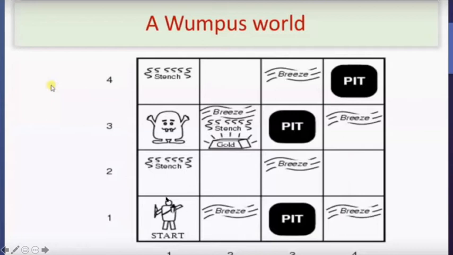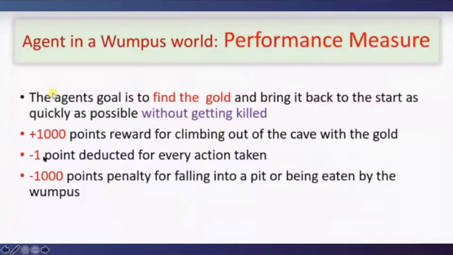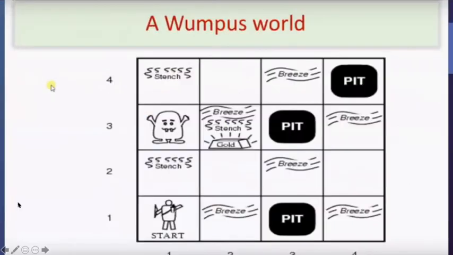If you're starting by writing 1, 2, 3, 4, here 1, here 2, here 3, here 4, so this will be represented with 1 comma 1, right? This is 1 comma 1.